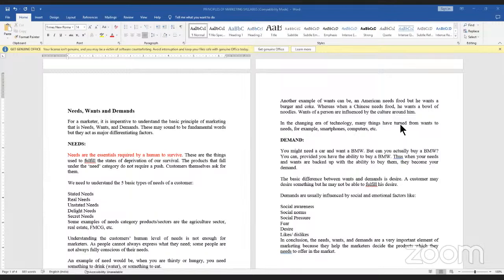Whatever the noodles you are having, whatever the burgers and pizza you are taking, those are not our foods. To fulfill your need of hunger, any food you can eat. But we cannot take the same food repeatedly just to fulfill our need. We created different types of foods in different ways, right?